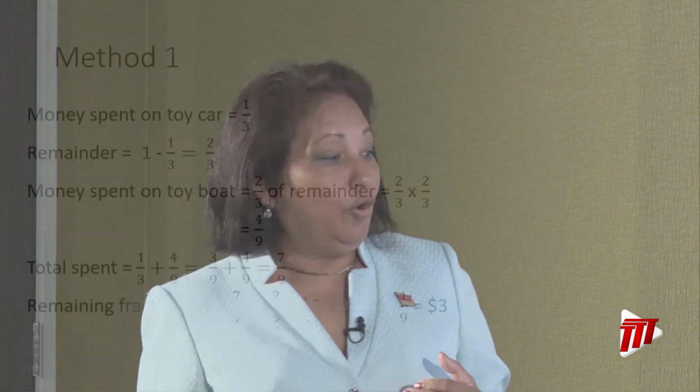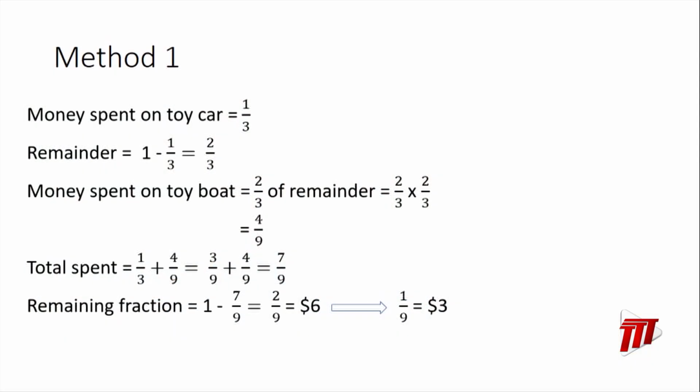So we know that the remaining fraction, if he spent 7/9 on the car and the boat, he would now have only 2/9, because the whole is 9/9. 9/9 minus 7/9 would give me 2/9, and those 2/9 would equal $6. So if 2/9 is equal to $6, what would 1/9 be? I divide by 2, so 1/9 would be $3.